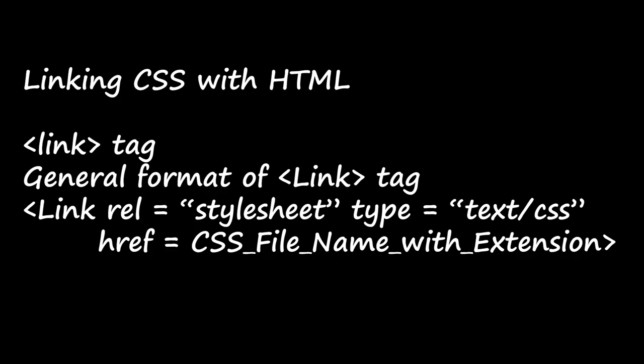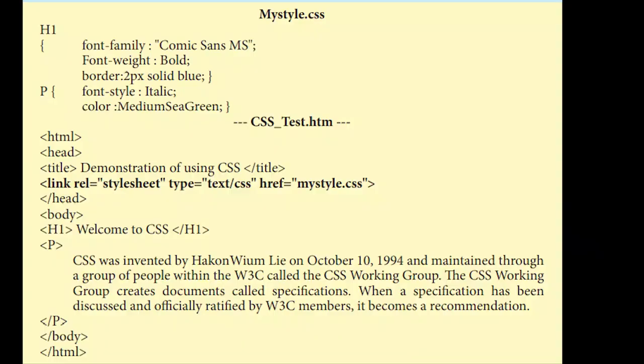With whatever extension you saved the CSS file, give it here. Let's see this example. First they have given the CSS style sheet the name mystyle. You can give any name, like name.css or stylesheet.css, any name along with .css.